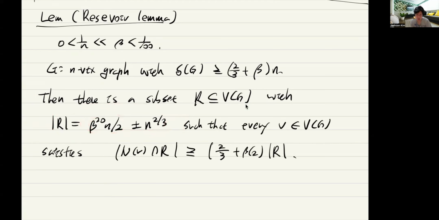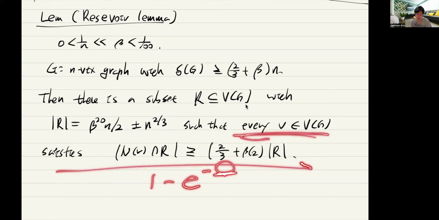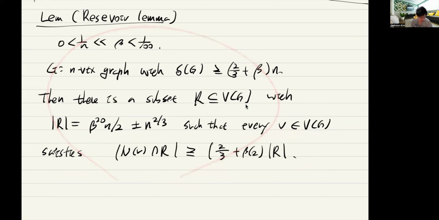So it's here with probability 0.99. And for each vertex, you compute the probability that it holds. And that's again 1 minus e to the expression here using the Chernoff bound. And you take the union bound to ensure that for every vertex v, you can prove this reservoir lemma.